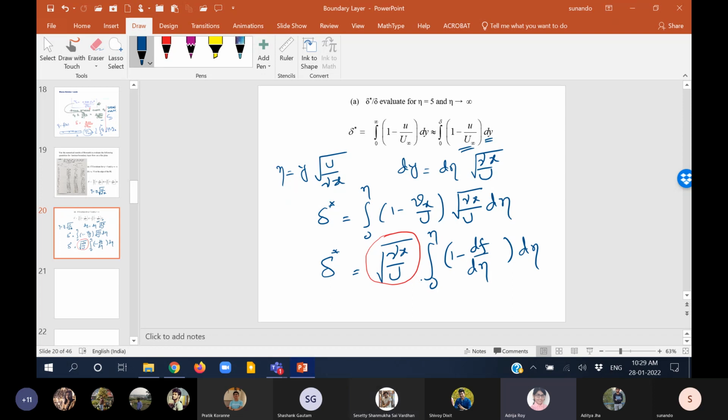Sir, how did we bring that root nu x by u outside the integral? Because it is dependent on eta, if I'm not wrong.